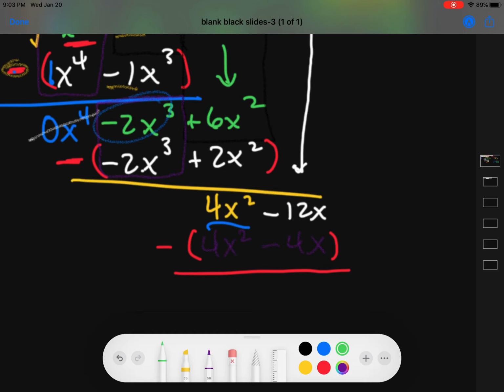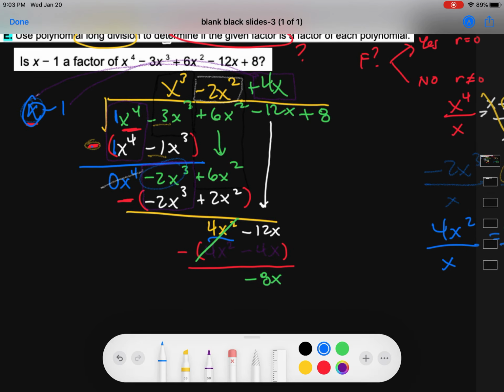4 minus 4 is 0. And negative 12 minus a negative 4. Again, feel free to put that in your calculator, but the opposite of negative 4 is plus, so negative 12 plus 4 gives me negative 8x. And the last one, I'm going to put plus 8.